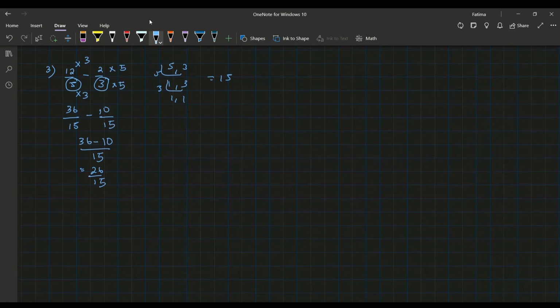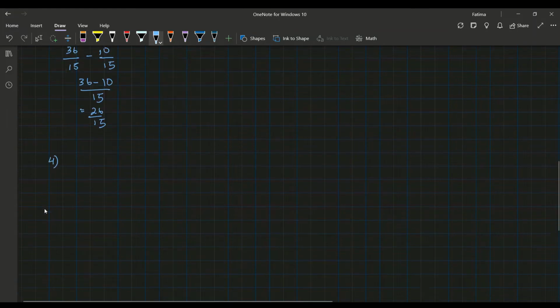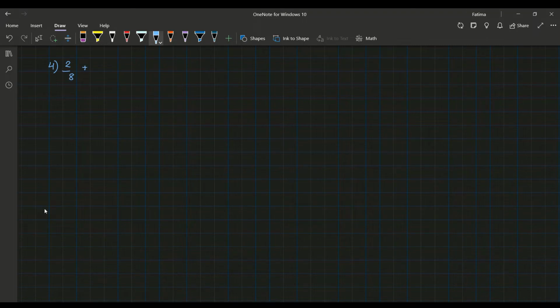So now we'll be doing another question. So the question is 2 by 8 plus negative 14 by 3. Now it's up to you to decide, is this addition or subtraction?